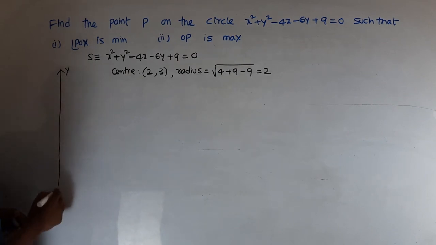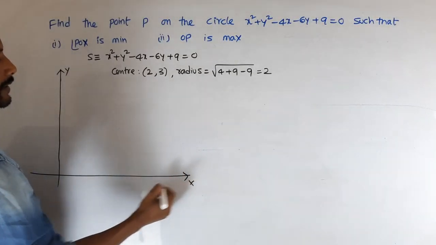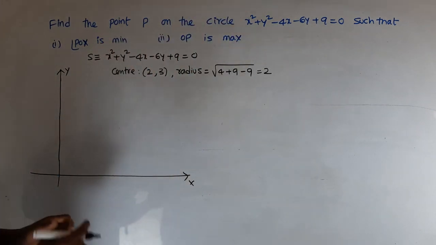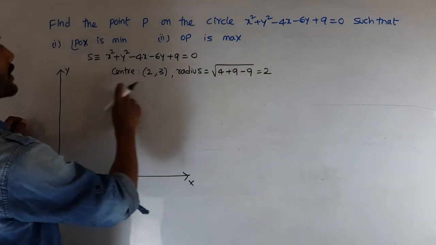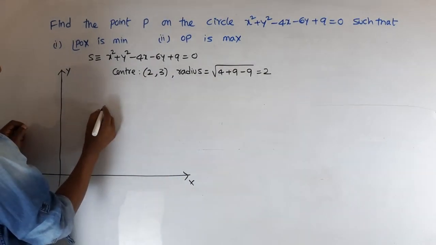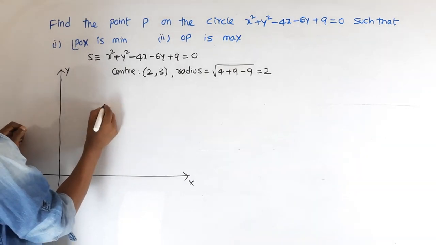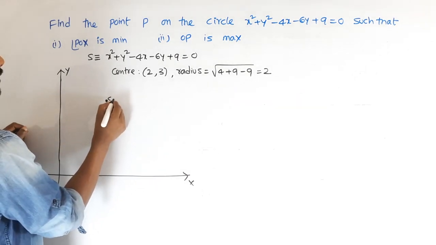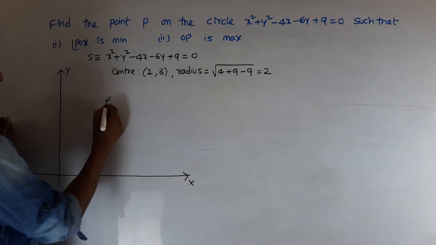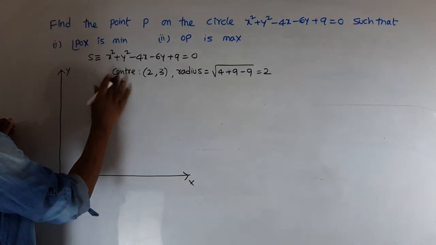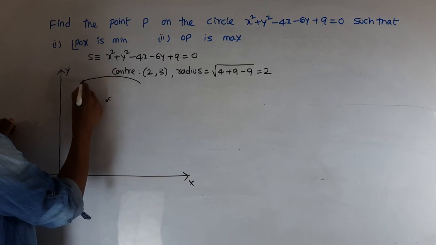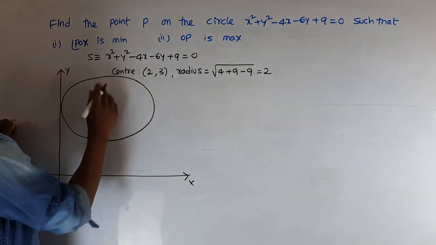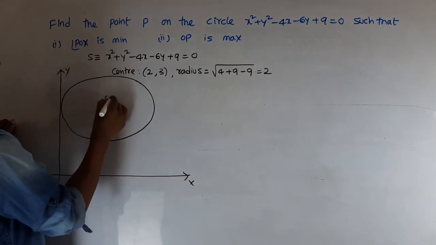So this is the y-axis and this is the x-axis. Given angle POX is minimum, P is a point on the circle. The radius is 2, and the center is (2, 3). This point is the center (2, 3). The x-coordinate is 2.